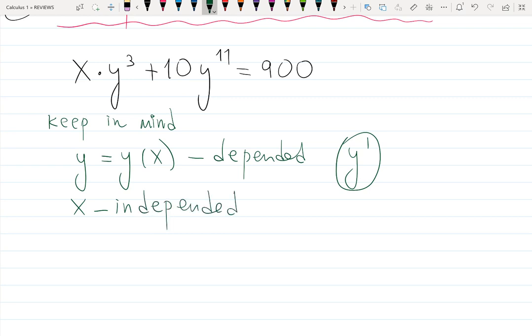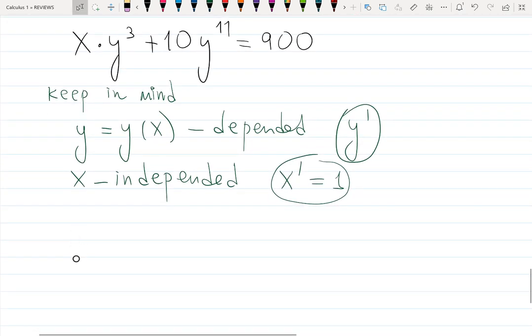Every time I differentiate x, what is the derivative of x? It's just 1. So one derivative is not the same as the other one. So keep those two things in mind. Which one is the cool one and which one is not? The cool one basically is y that has x inside, like a Russian doll. That's the idea.